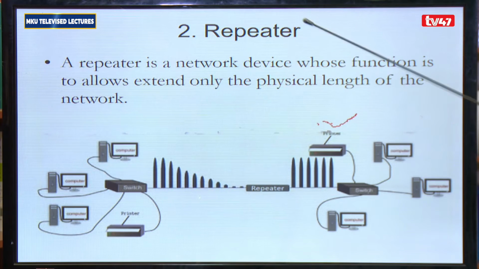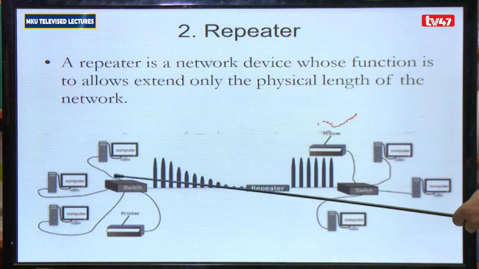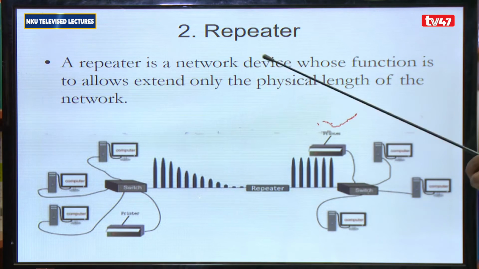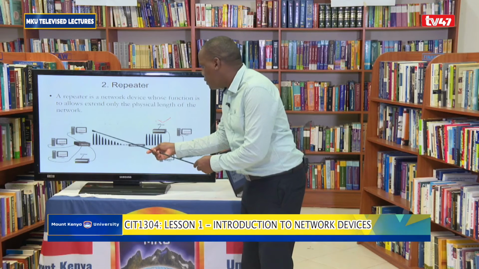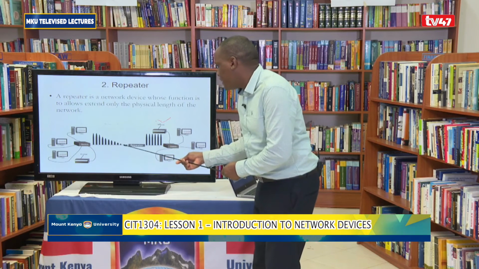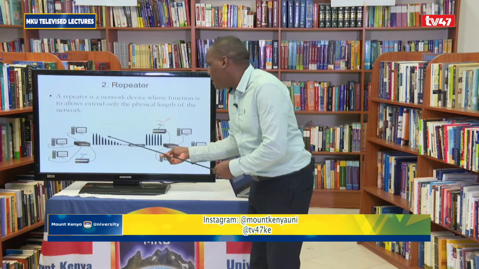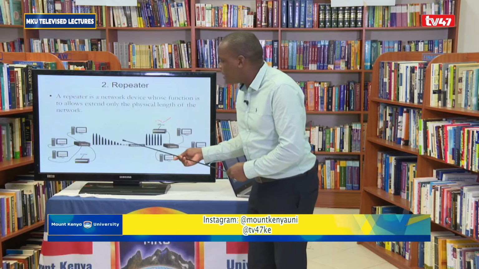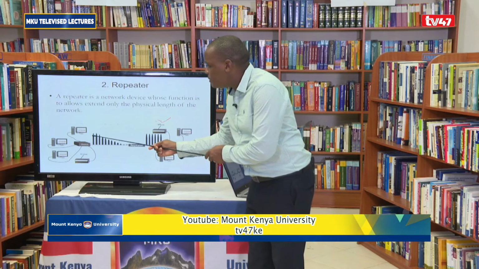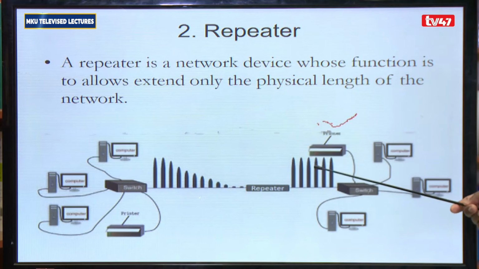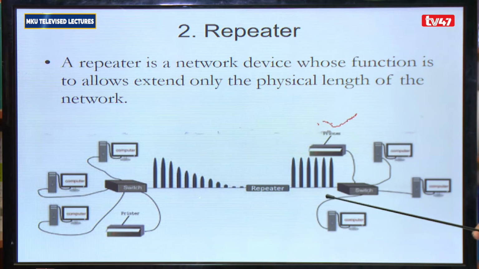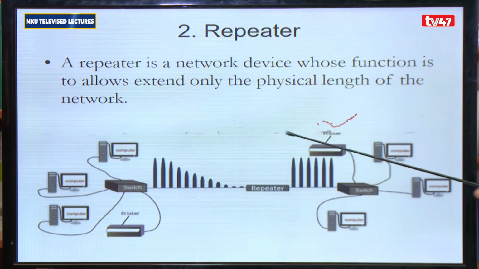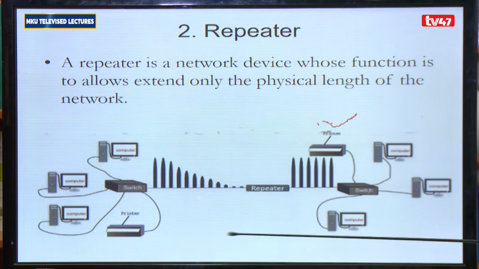Because as the signal travels along the media, whether it is a digital signal along the cable or a wireless signal, even my voice, somebody who is 1 kilometer away cannot hear what I'm saying because the signal keeps on weakening and weakening. Once it gets to this point, it cannot travel any further. But if it meets a repeater, the repeater will repeat the original bit pattern and then retransmit it for another distance, let's say 100 meters, before it meets another repeater, and the process continues. Thereby, you are able to expand a single network.